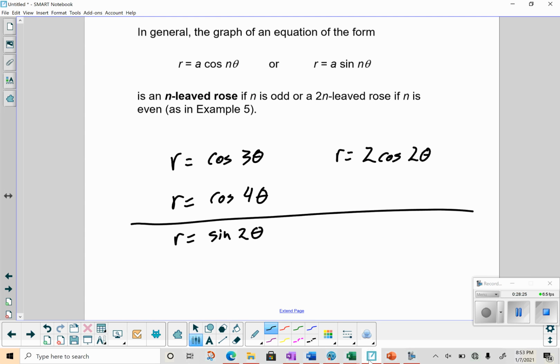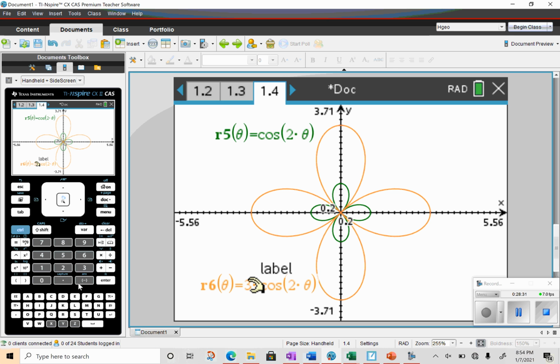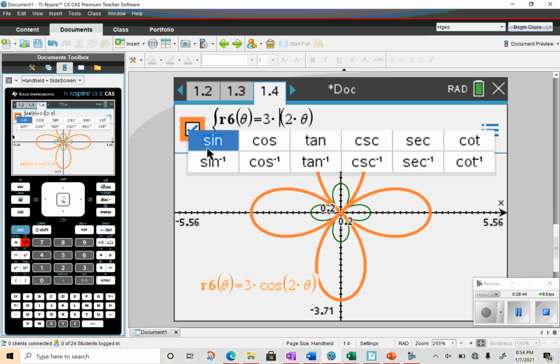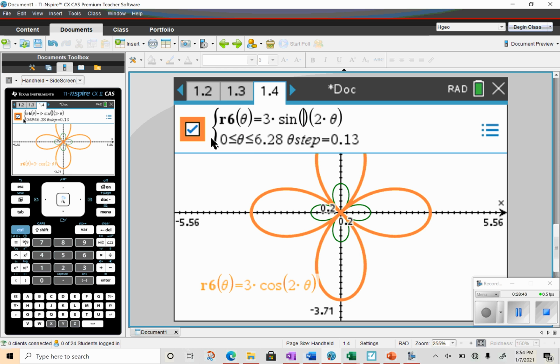All right, and again, it could be sine or it could be cosine to get us these roses. Let's compare what happens with those functions. So again, if this was cosine, I'm going to change this second one here to the sine function.